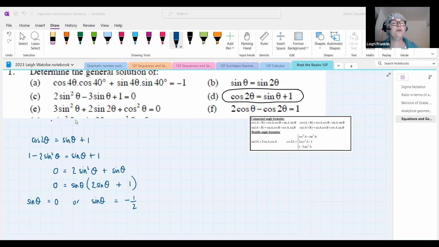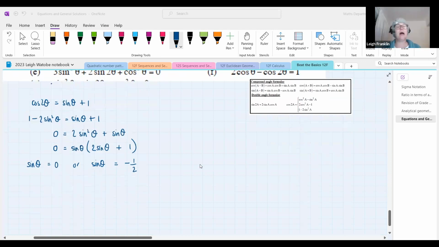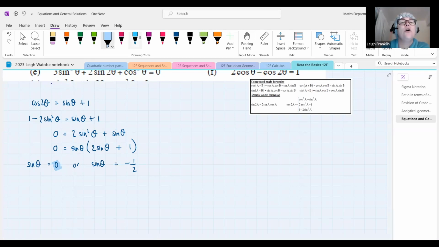Okay, so unfortunately, we don't have much time. Let's finish this off together. Remember, we said that when sine theta was equal to 0, we would treat 0 like it was positive. So in terms of our cast diagram, we are going to do solutions in quadrants 1 and 2. Our PAA is 0 degrees.